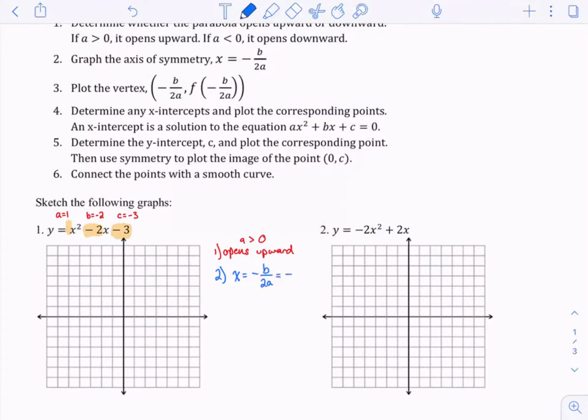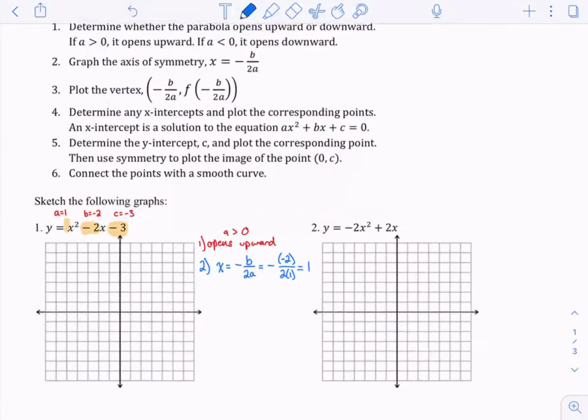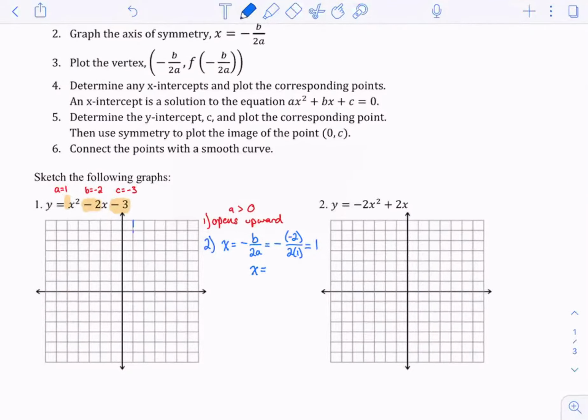So that's -(-2) over 2 times 1, which is technically -2 divided by 2 is -1, but the negative of that is +1. So x equals 1 is my axis of symmetry. Now, if you remember, the axis of symmetry is the line of symmetry. So here is the line of symmetry.